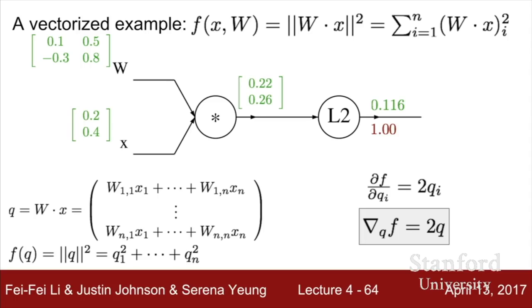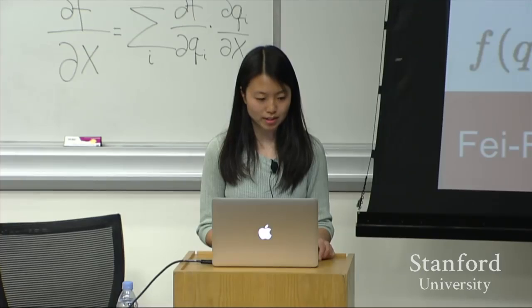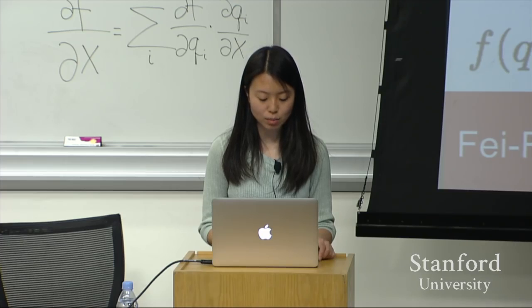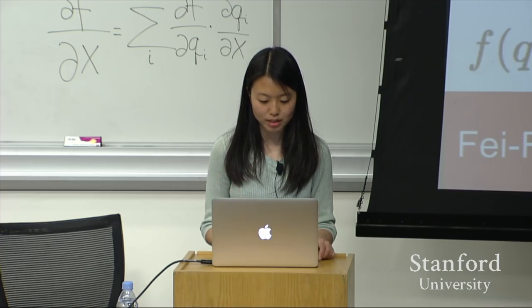If we look at the expression that we've written out for f at the bottom, we can see that the gradient of f with respect to a specific qi, let's say q1, is just going to be 2 times qi. This is just taking this derivative here. And so we have this expression with respect to each element of qi.